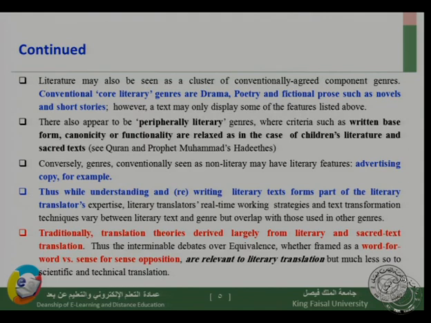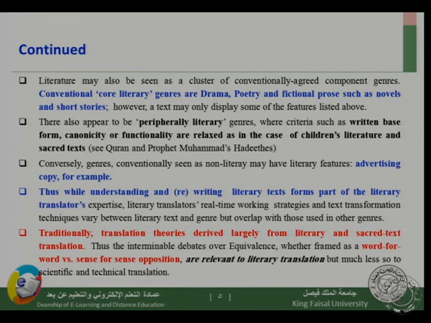The main types of literary text are realized in the genres of drama, poetry, and fictional prose, such as novels and short stories. So these genres, or these types, are really representatives of literary texts.